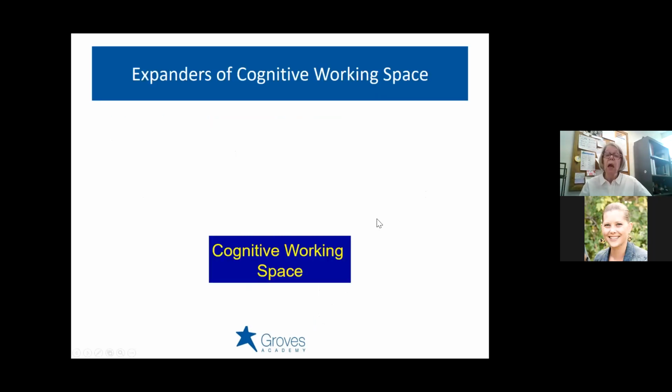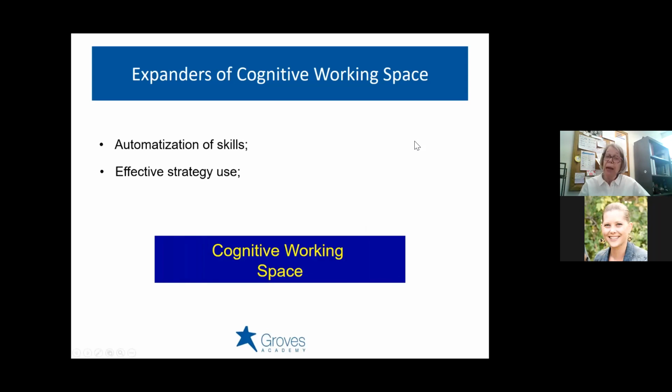On the other hand, things that will expand cognitive working space are if we can somehow deal with some of those barriers that constricted it. If skills are automatized, in other words, if reading and spelling are fairly automatic, then that's helpful.